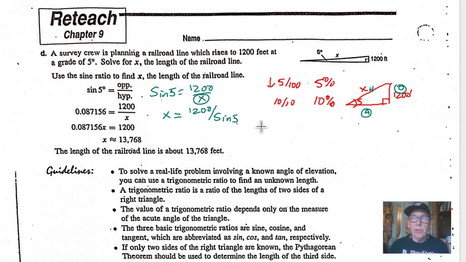Every trig problem that we do where you find a side is going to be one of two types. It's going to be of this type: if x is in the denominator, then it's going to be the numerator divided by whatever's on the left.